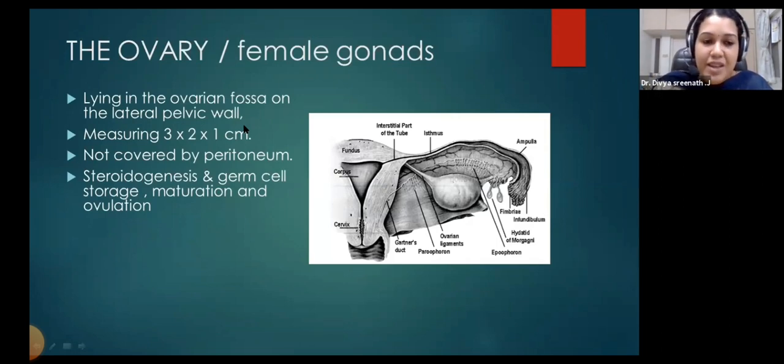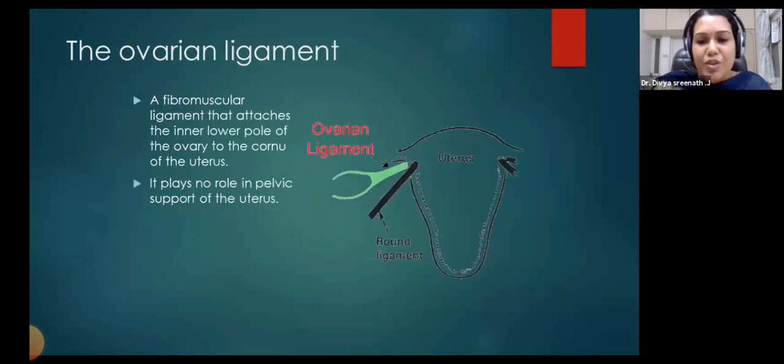The main function of the ovary is steroidogenesis, that is production of ovarian hormones, and also the production of follicles. The ovary is attached to the corner of the uterus by the ovarian ligament, which is a part of the round ligament also.